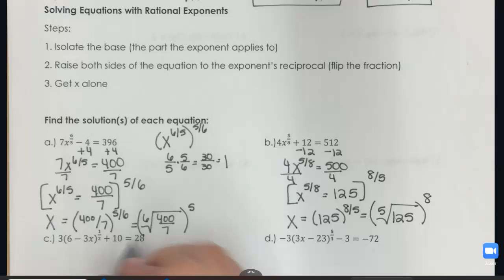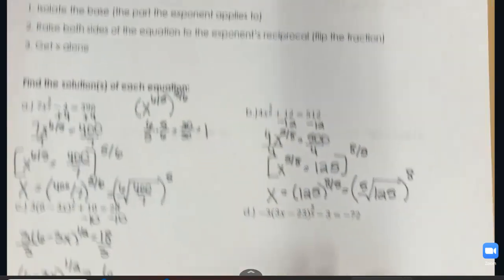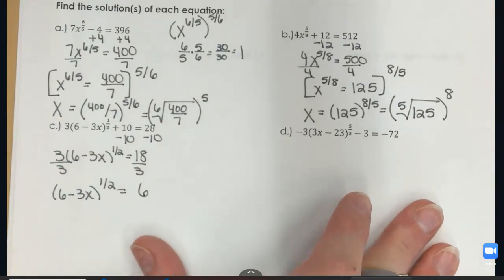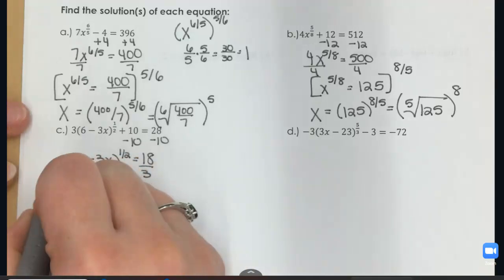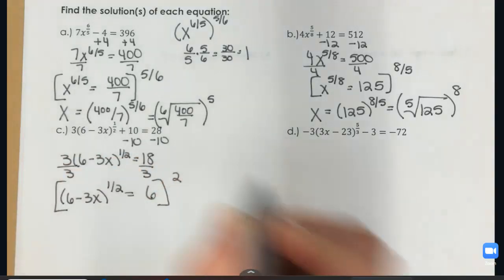Moving on to C, first I need to subtract 10, and then divide by 3. All right, now this is to the 1/2 power. The reciprocal of 1/2 is 2, so I'm going to be squaring both sides.